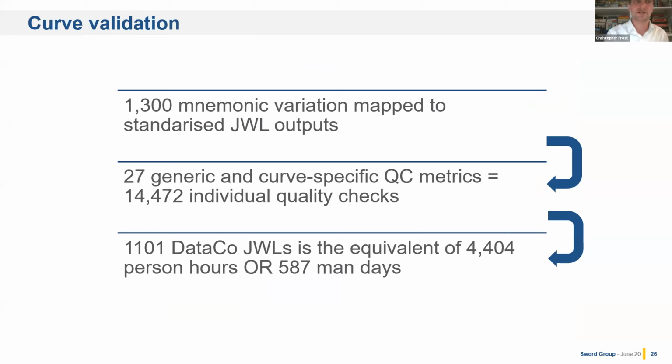So one of the key points of this was the curve validation. So we mapped around 1,300 mnemonic variations into the 7 that were delivered. We went through a sheet of, there must have been 13,000 different potential variations of mnemonics.